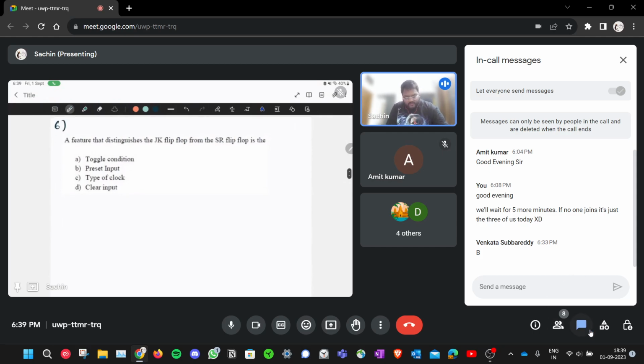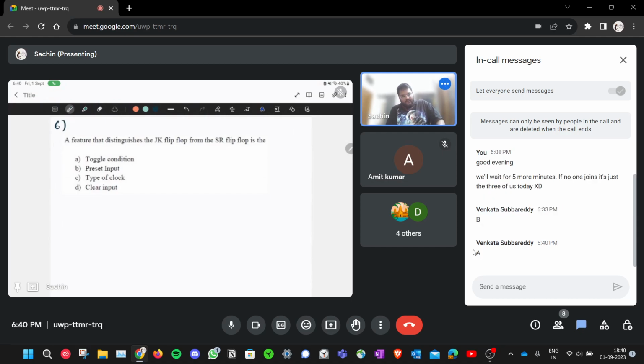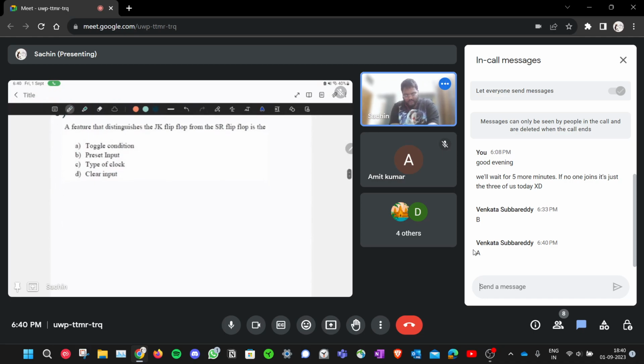A feature that distinguishes the JK flip-flop from the SR flip-flop is, what's the difference? A toggle condition. Yeah. Preset can be there in JK and SR both. Type of clock, since they are both flip-flops, they are both edge triggered.